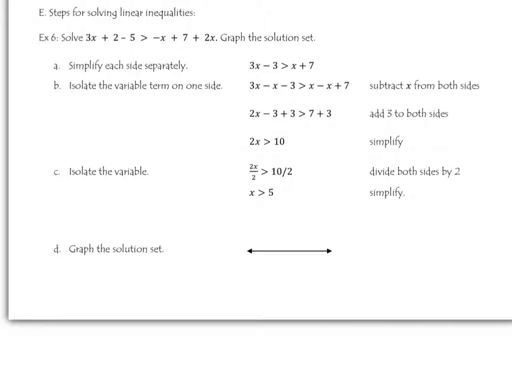So let's review all we've learned. If you have an inequality, let's look at this example. We are going to first simplify each side separately, just like we do for equalities. So here we've combined like terms. We're going to isolate the variable term on one side using addition and subtraction. Then we're going to use multiplication or division to isolate the variable itself so that x is, and then you have an inequality symbol that expresses its relationship to some number.